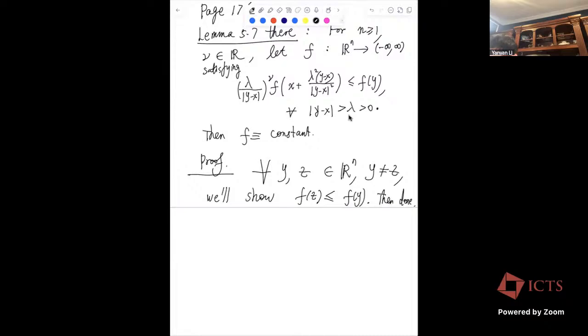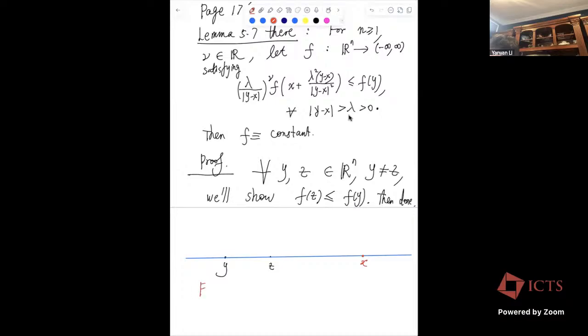I draw y here, I draw z here, and then we have a straight line determined by them. Okay. So then I will put an x here. So how to determine x?